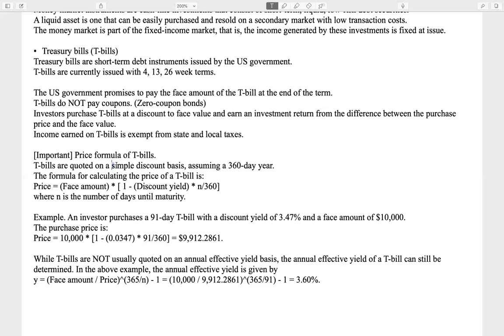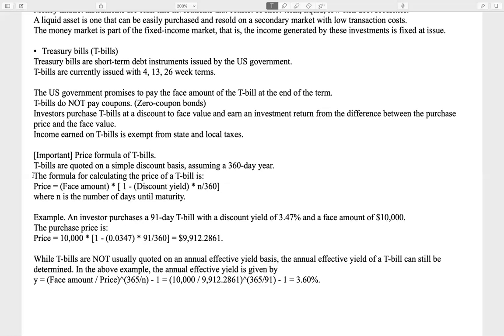We actually apply simple discount, so it's linear, assuming a 360-day year. That means we apply a specific day count rule, in which we assume there are 360 days a year.